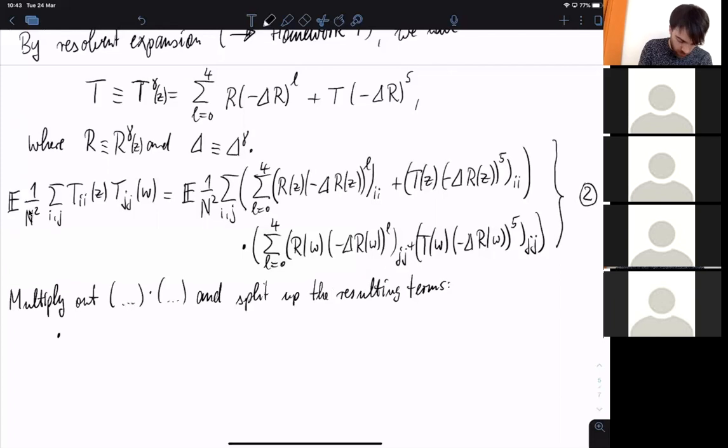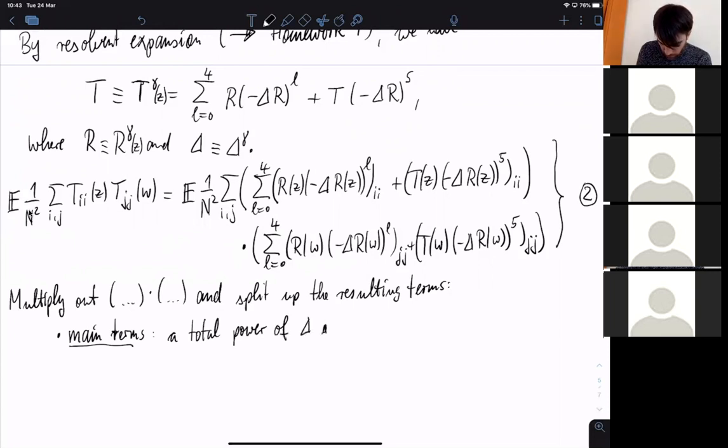So there are main terms, where the total power of delta is at most 4.